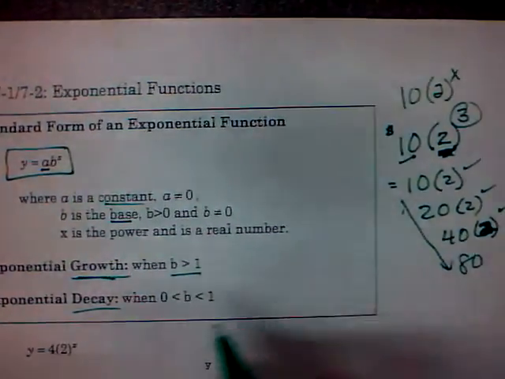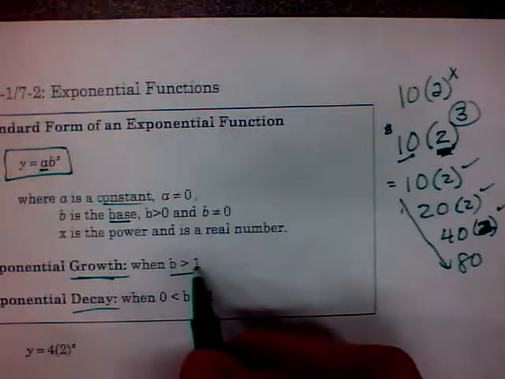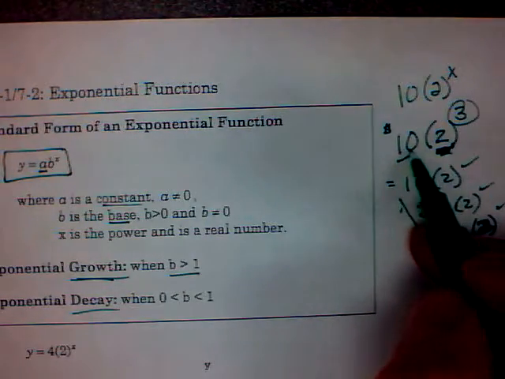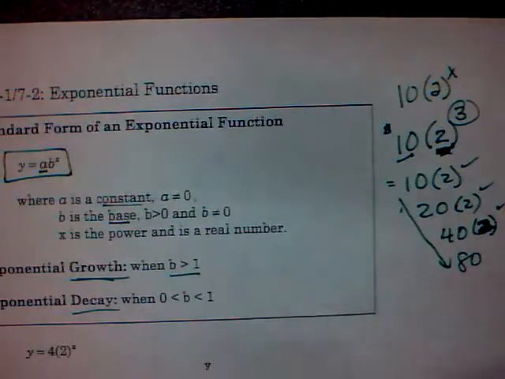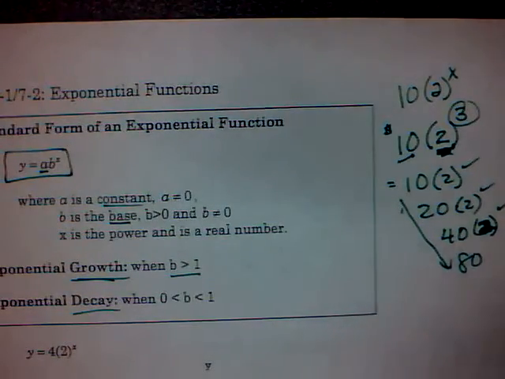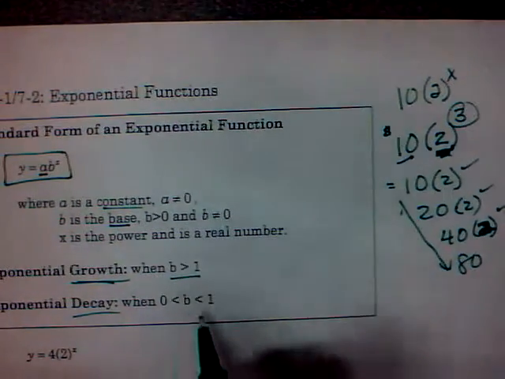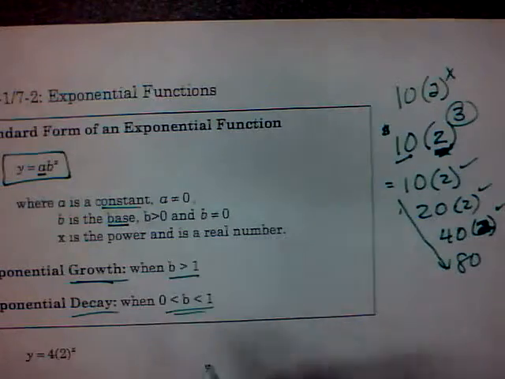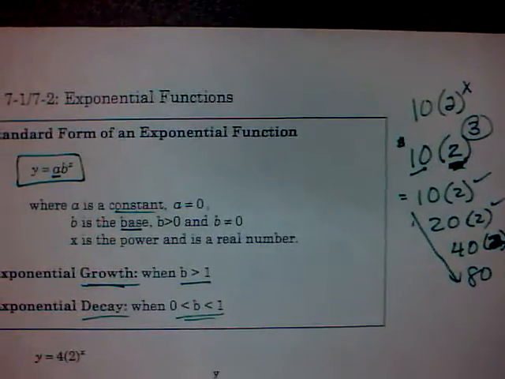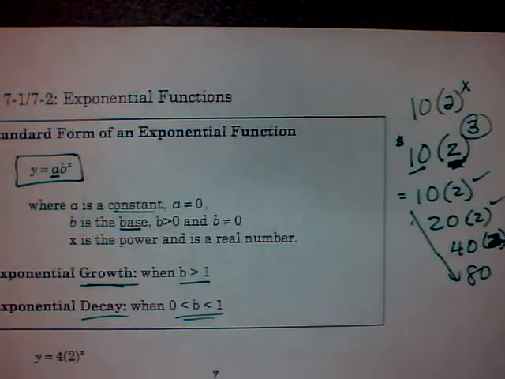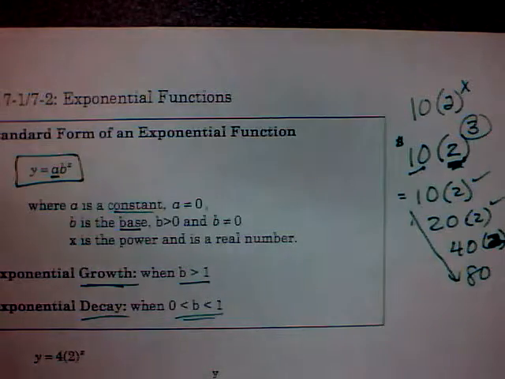If you multiply 10 by a number bigger than 1, it's going to be larger than 10, because 10 times 1 would be 10, but anything larger than 1 would get you something larger than 10. If we wanted to get smaller, then we would need to multiply by a number between 0 and 1, like a half or a third or whatnot.